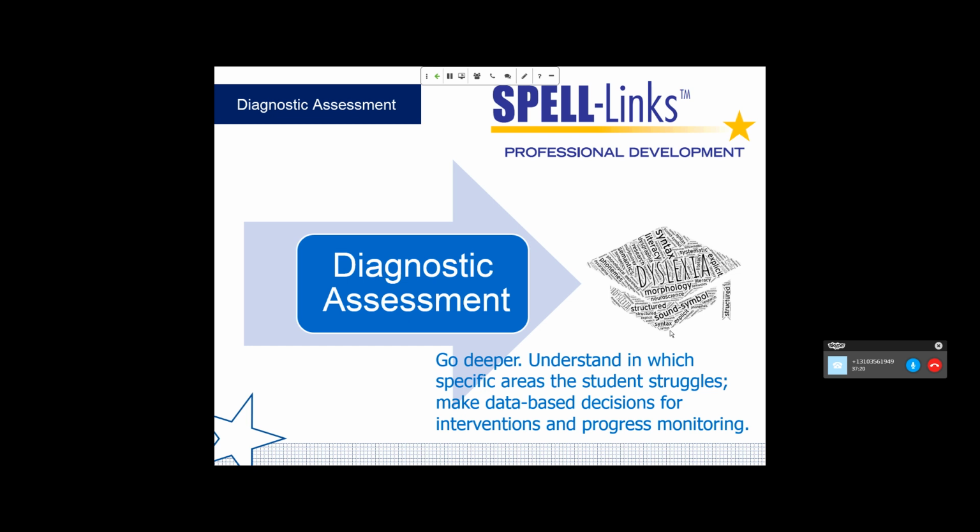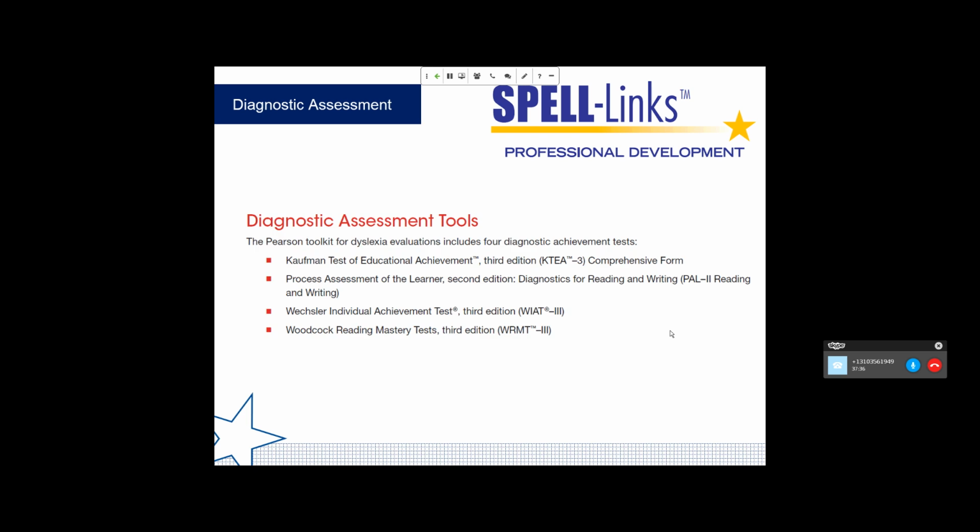We know that they are going to need a lot of intervention. We know it's a lifelong learning process for them, and so the earlier we can intervene and also the more precisely we can intervene, the better. So the diagnostic assessment is an important step here. And here are some of the tools that are included in the Pearson Toolkit for Dyslexia that could be used as part of this diagnostic assessment. And they collect a variety of data.